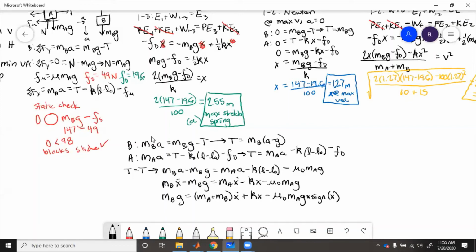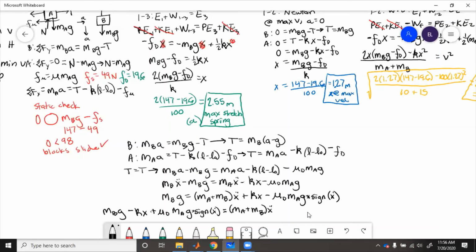So we know that MB G minus KX plus mu D MA G times the sign of x dot equals (MA plus MB) x double dot. Or we can divide all that by MA plus MB and get the x double dot.